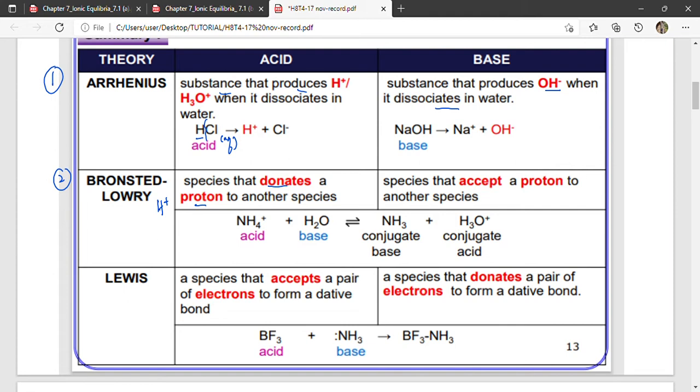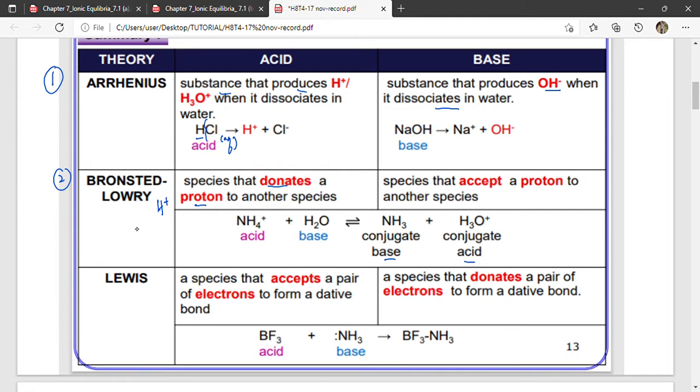For Bronsted-Lowry acid and Bronsted-Lowry base, we need to write an equation. So for example, we have NH4 plus react with H2O as the reactant. For the reactant side, we must have the acid and also the base. And for the product, we must have the conjugate base and conjugate acid.